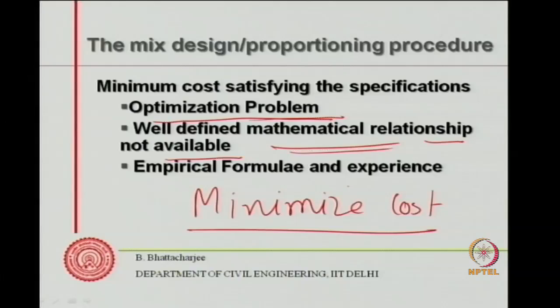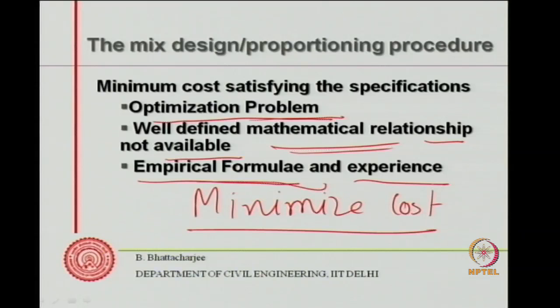We don't have a well-defined relationship, neither for strength, nor for workability, and durability is out of question because we are only at the stage of prescriptive level now. So what we have? Empirical formulae and experience. Not very general, but still some formulae are available, and experience of people.